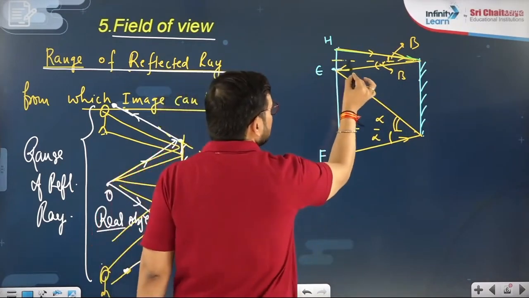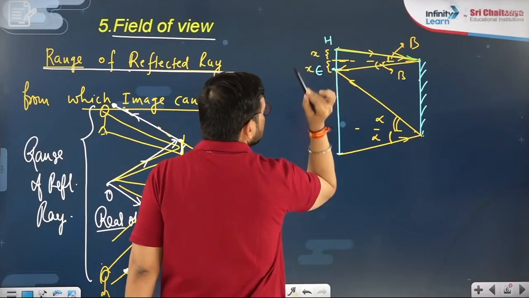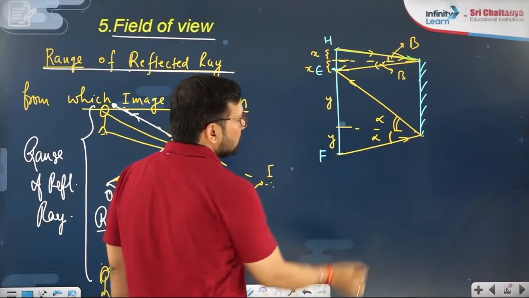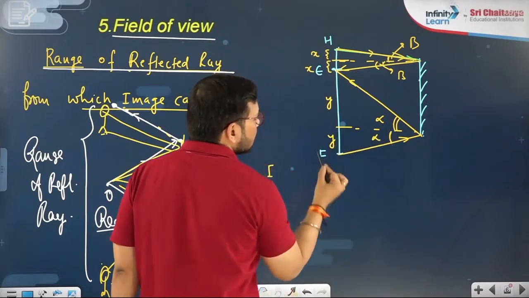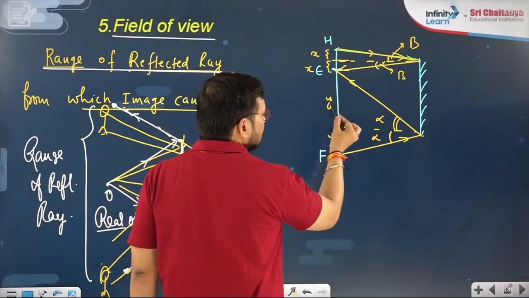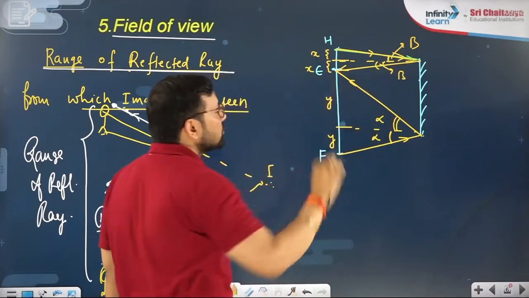Since the angles are equal, these two distances must be equal, x and x. Here also these two distances must be equal, y and y, because corresponding angles are the same. Alpha corresponds to y, and alpha corresponds to y; beta corresponds to x, and beta corresponds to x.